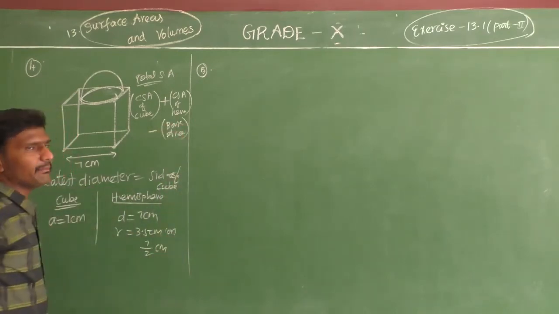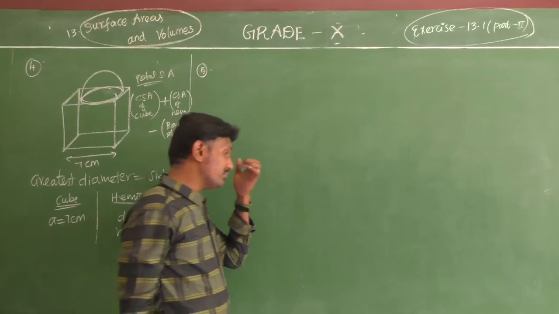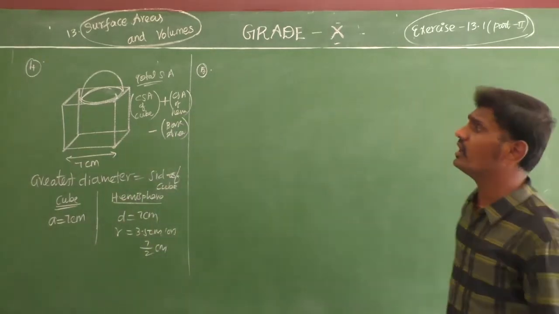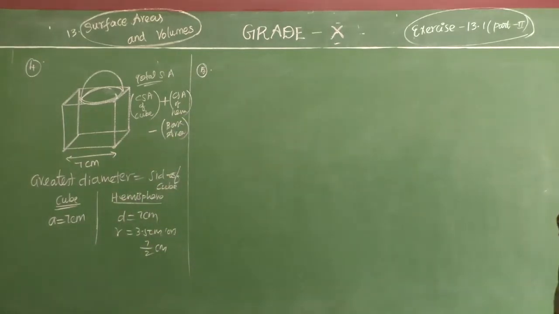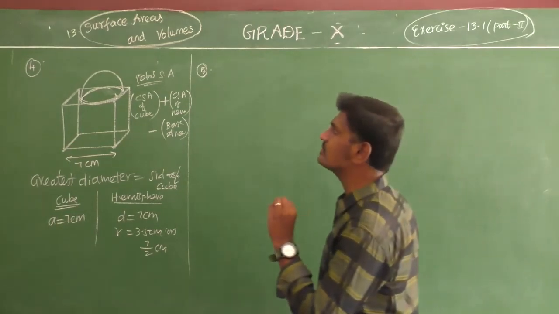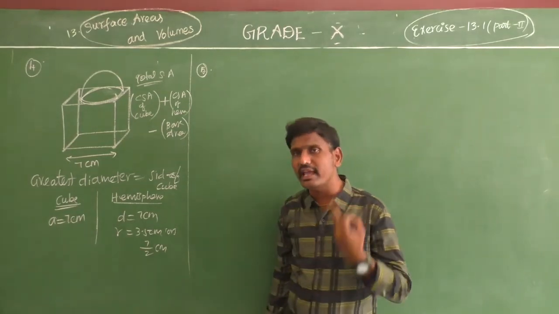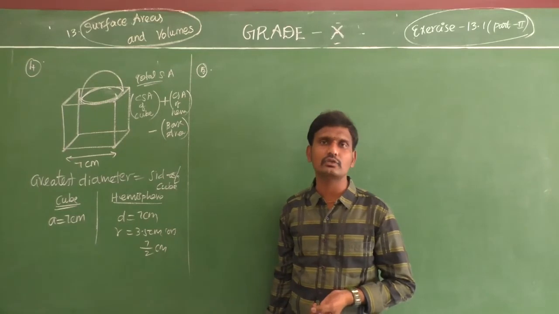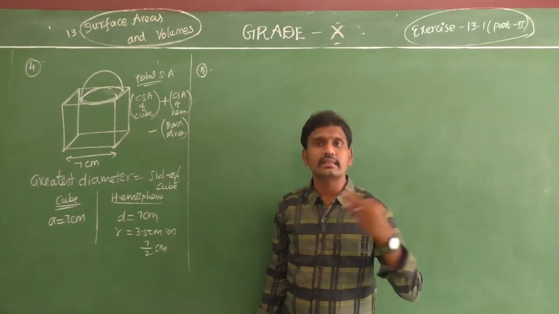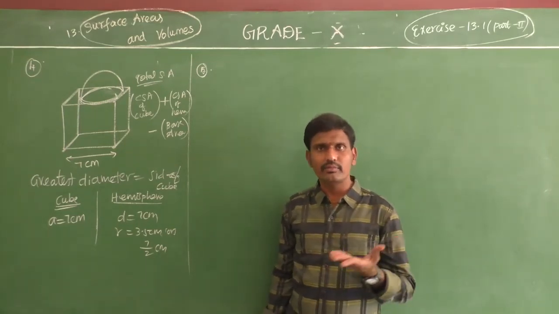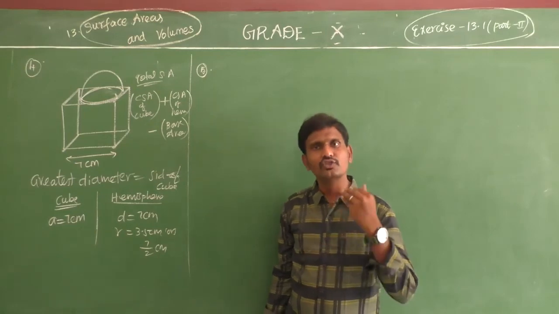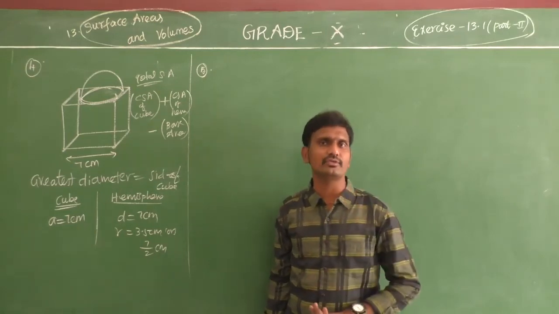So the same pattern. CSA of a cube will be 6a square, plus CSA of a hemisphere is 2 pi r square, minus base area of hemisphere is pi r square. So the remaining will be a square plus pi r square. So substitute as in the previous question.